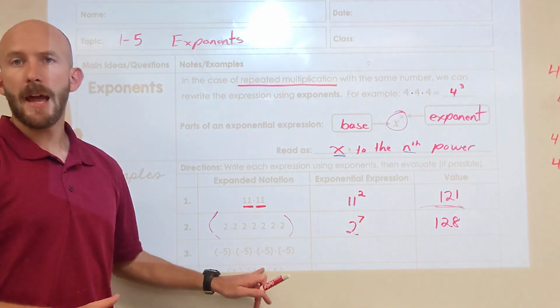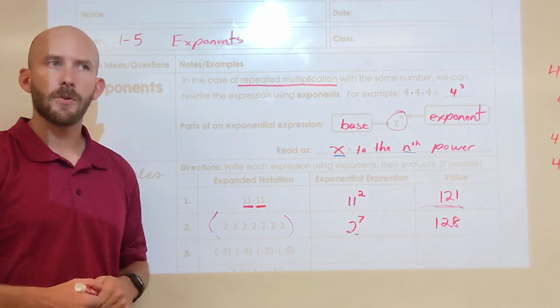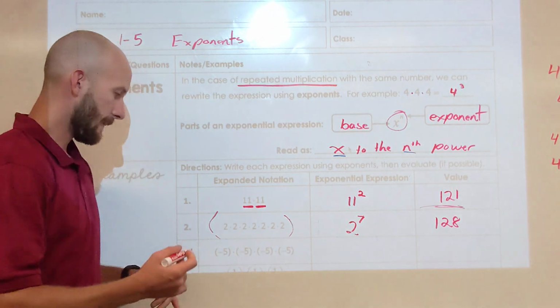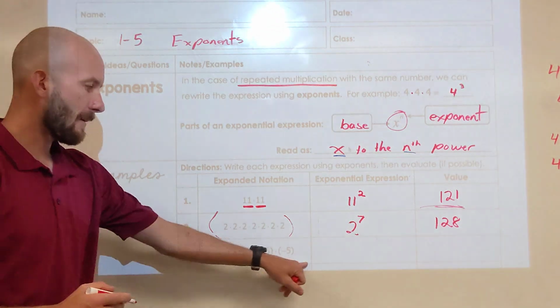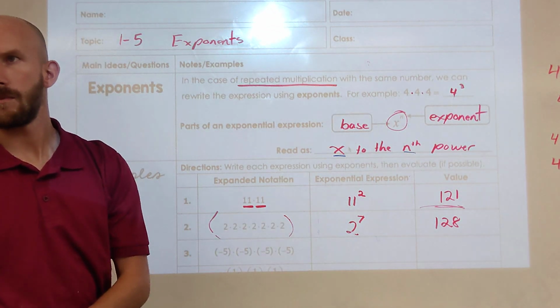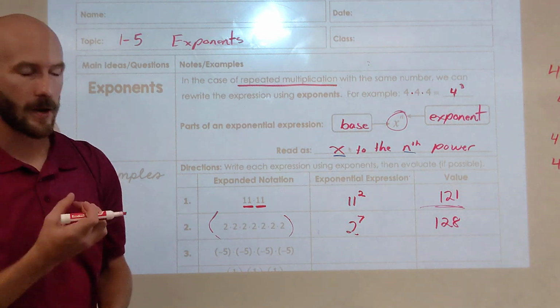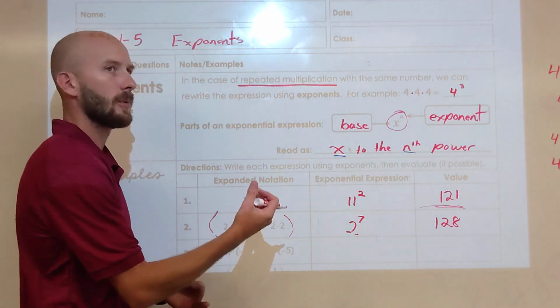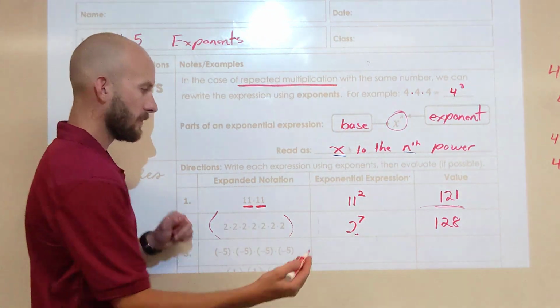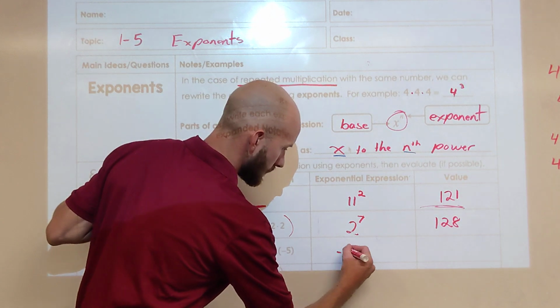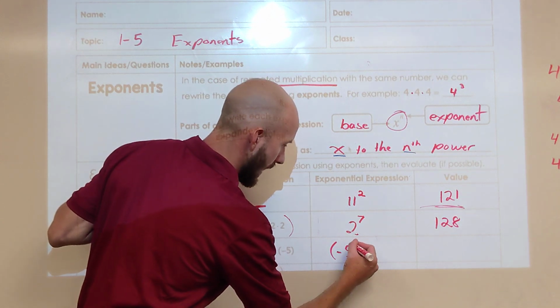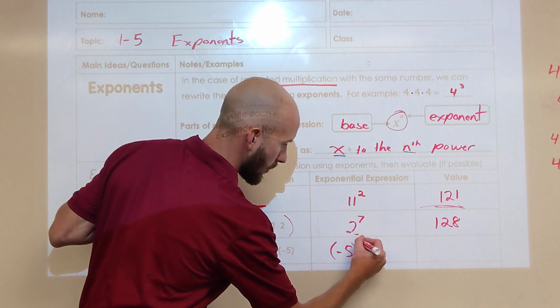When we're dealing with negatives, this is another spot with exponents we have to be really, really careful. Okay. What's my base going to be? -5. And then my exponent would be 4. Okay. When you have a negative base, put it in parentheses.